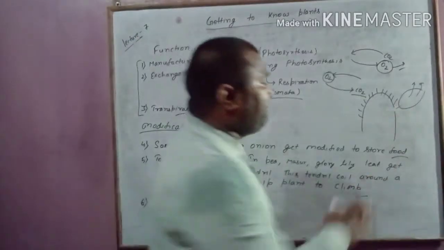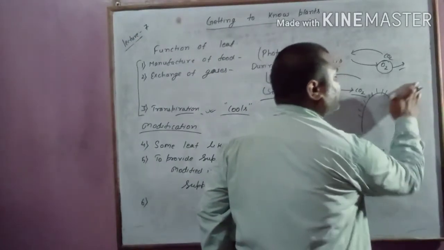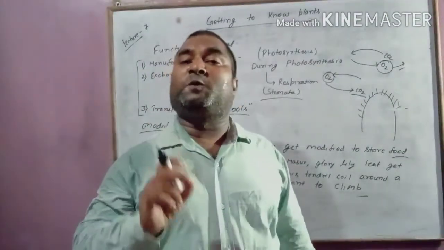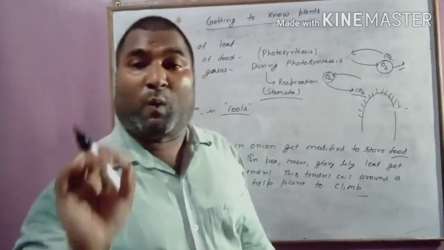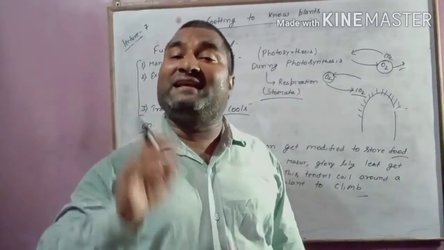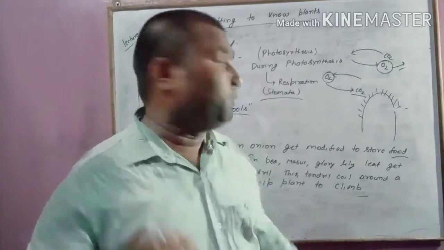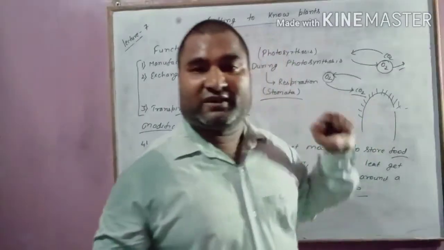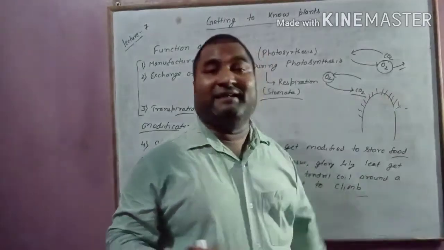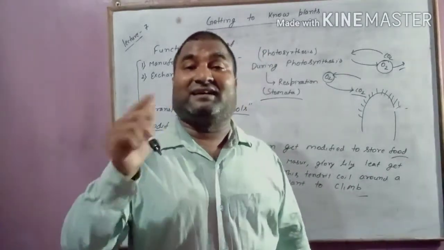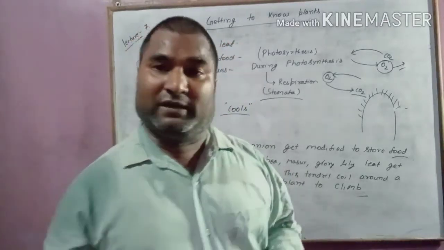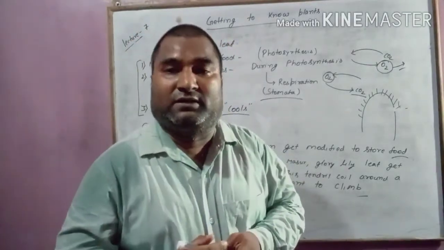So when leaf get changed into spines, surface area decreases, and due to which the water loss is decreased, means there is less loss of water during transpiration. First function. Second function, these spines also protect this plant from grazing animals, चरने वाले animals.